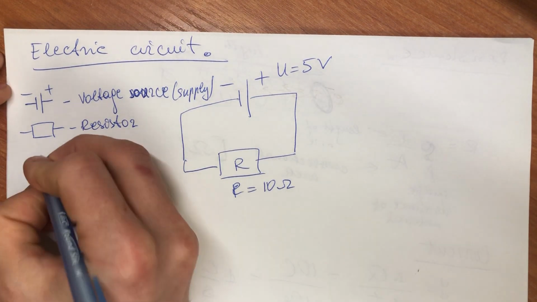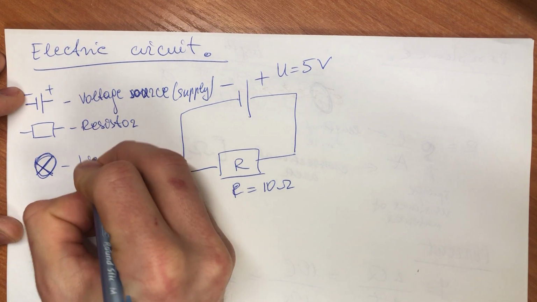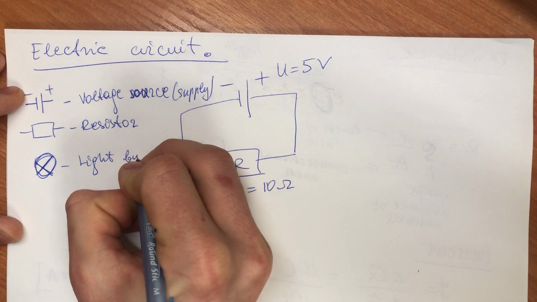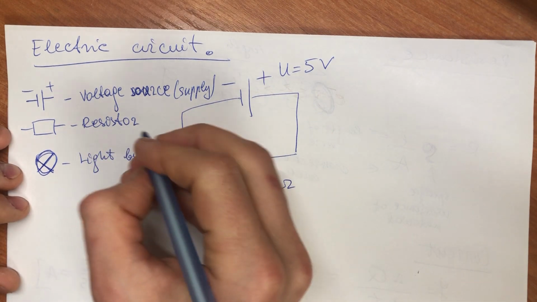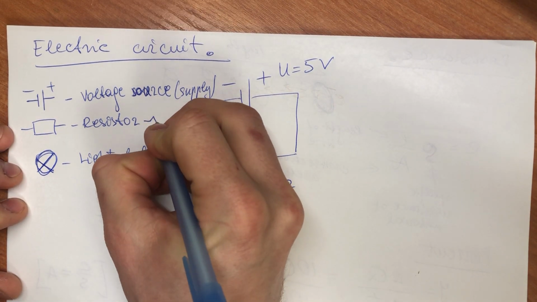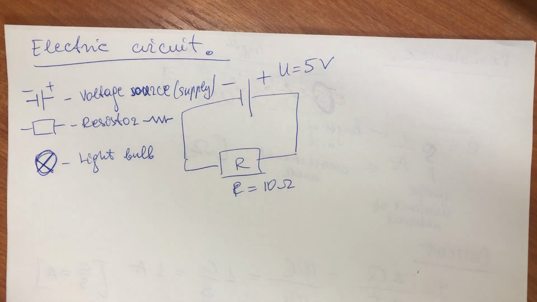This can be represented as a light bulb. A light bulb is a similar thing to a resistor, in many circuits with the same notation. Sometimes a resistor uses a symbol like this. Americans use this, but basically these are the symbols.